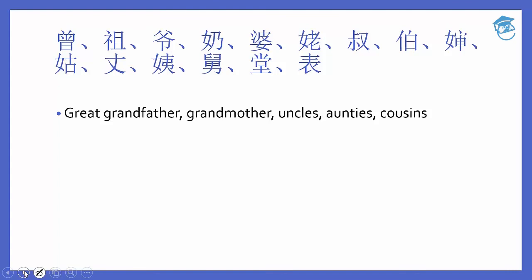So in this lesson, you have learned how to say great-grandfather, grandmother, grandparents, whether they are from paternal and maternal side, as well as how to call parents' sibling, as well as your cousins, whether they share the same family name as you. Okay?